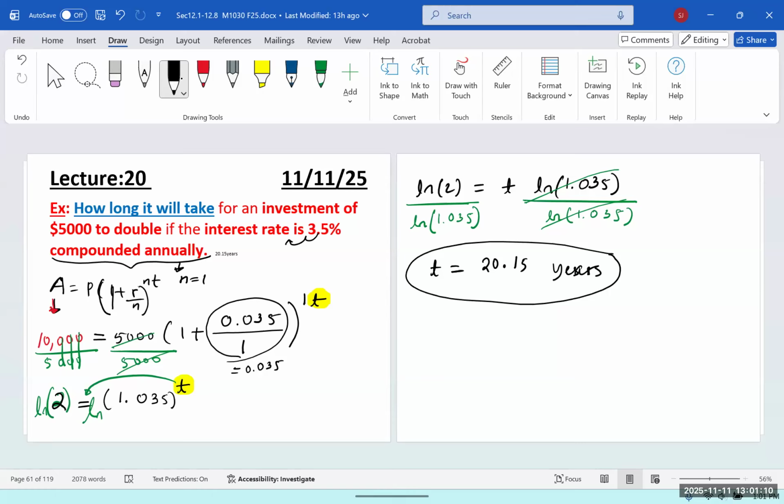I mean, it's not only 20, right? It's 20 plus more. So you wait more than 20 years just to double your $5,000 into $10,000. You can easily go to work and then earn $10,000.